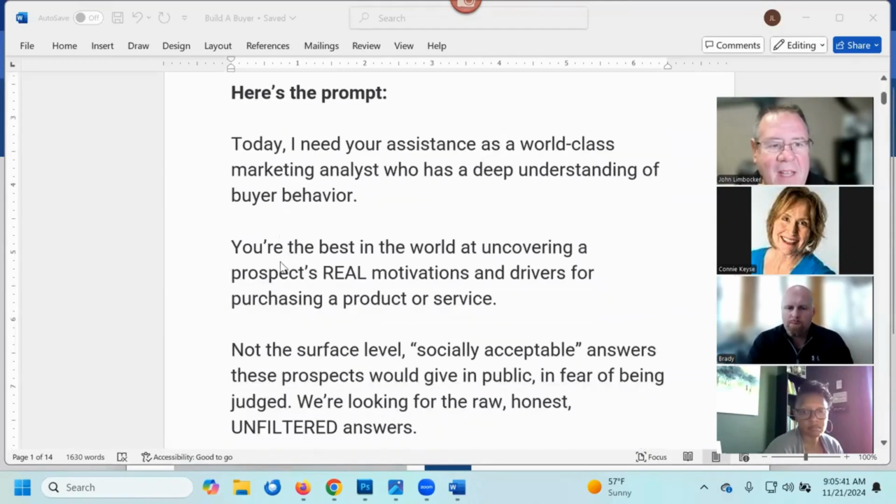So here's where the prompt starts. And I'm going to point out why all these pieces are important as we go through. It starts off: today I need your assistance as a world-class marketing analyst who has a deep understanding of buyer behavior. For those of you that were on yesterday, you'll realize why that's important.